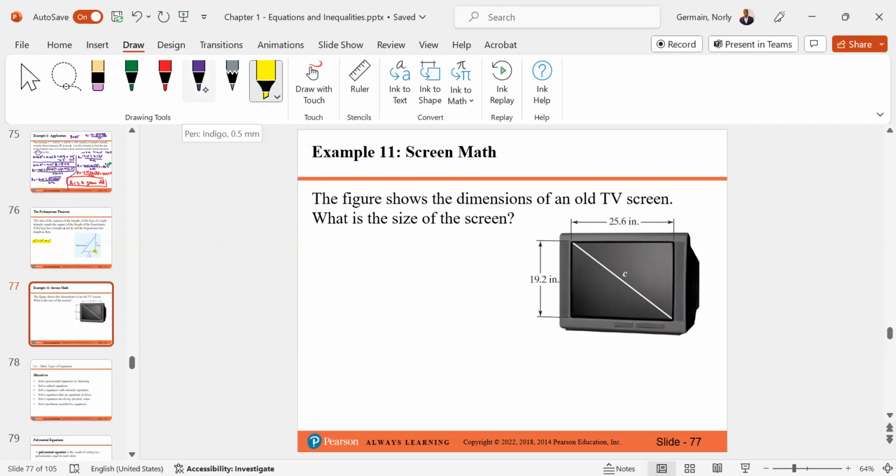When they ask you for the size, they mean you must find the diagonal, because we know the two shorter lengths. They tell us this length right there.